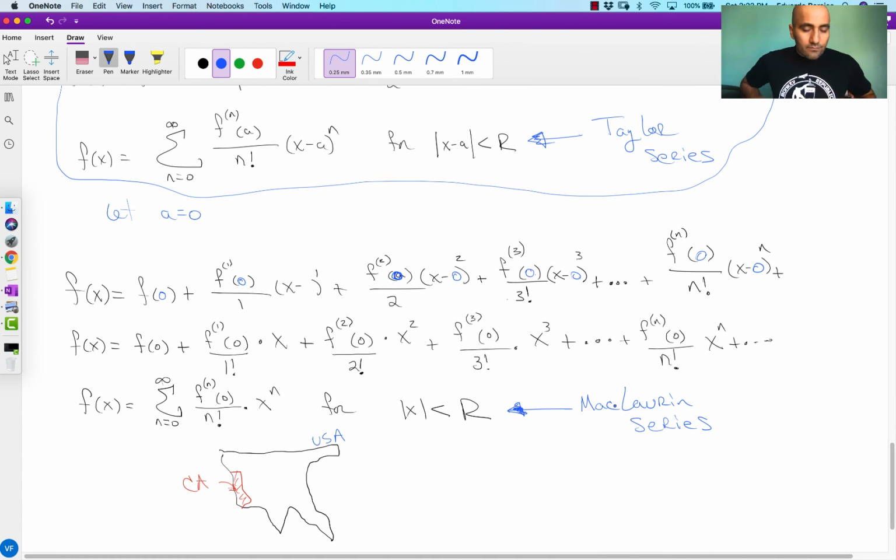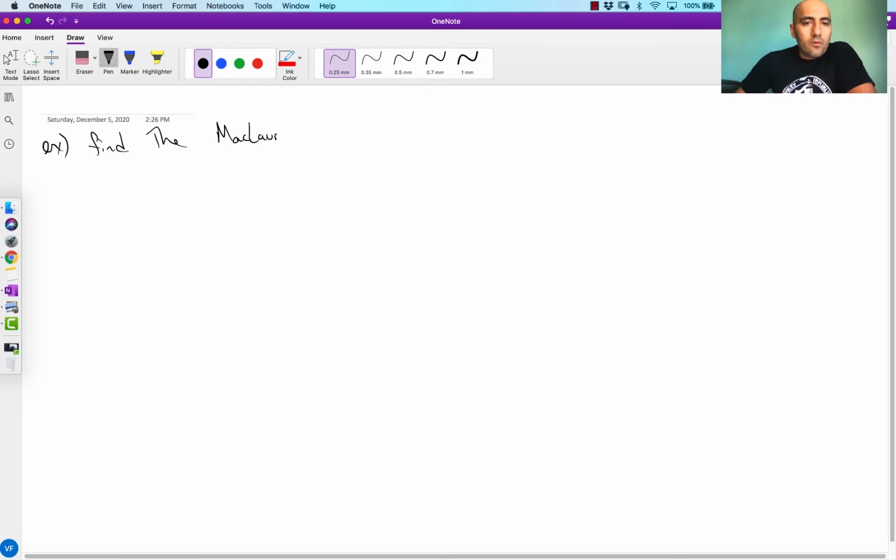Okay, so what does all this mean? What are we going to do with all this? Okay, so let's look at an example. Find the Maclaurin series of the function f of x equals e to the x.